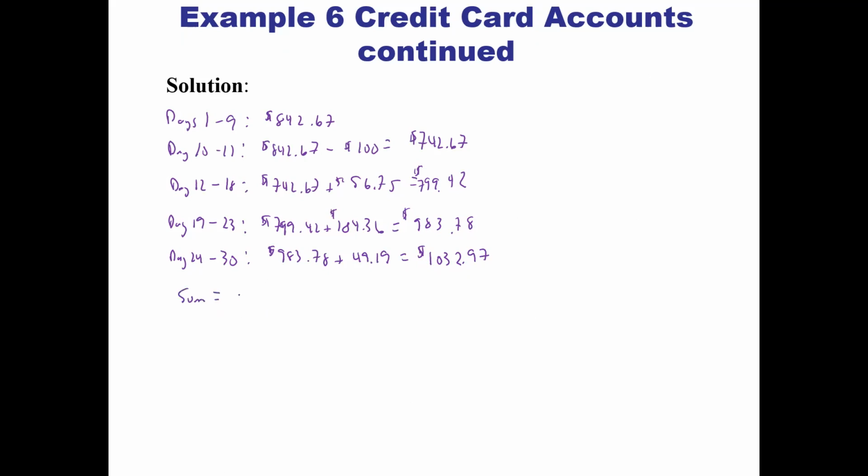Let's say the sum is equal to 9 times $842.67, plus 2 days times $742.67, plus 7 days at $799.42, plus 5 days at $983.78, and then after that, 7 days at $1032.97.